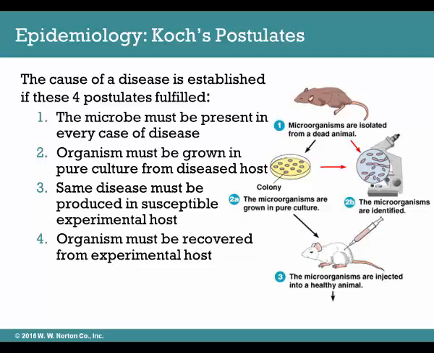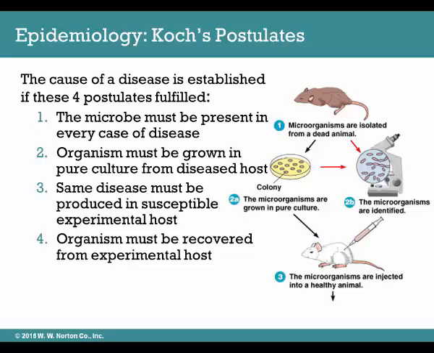The organism must be grown in pure culture, so it has to be clear that you're studying only one microorganism and that that microorganism is present in each case of the disease. And then the same disease has to be produced in a susceptible experimental host.